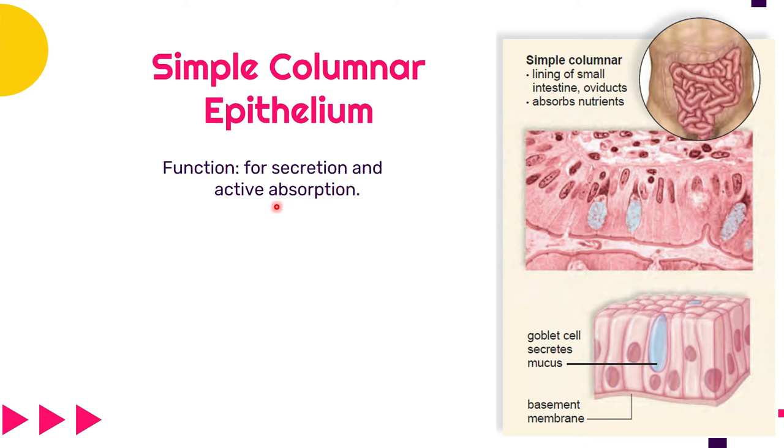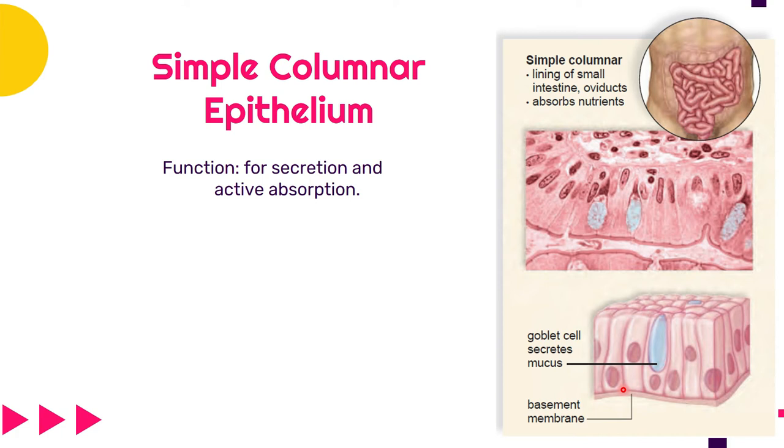Okay, about the simple columnar epithelium, I will not discuss this in depth. I don't want to spoil this one because I'll discuss it next semester in General Biology 2 when we reach the digestive system. There I will explain why the small intestine functions for the absorption of digested materials.